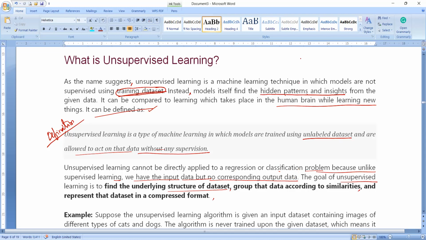The goal of unsupervised learning is to find the underlying structure of the data set, group that data according to the similarities, and represent that data set in a compressed format.